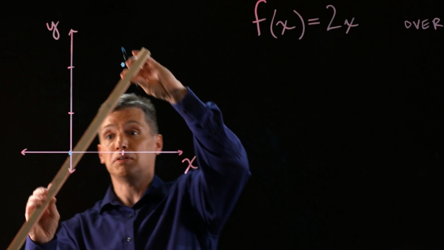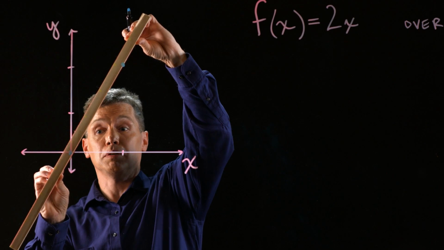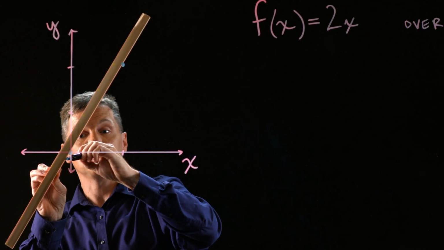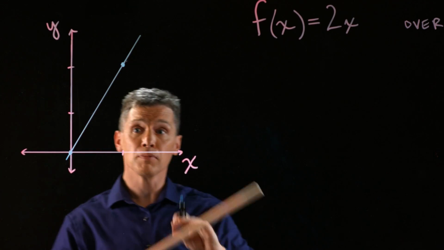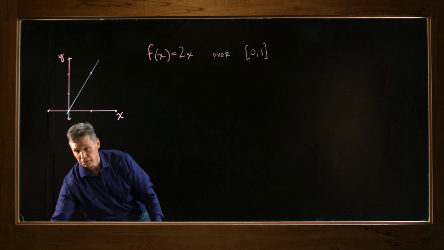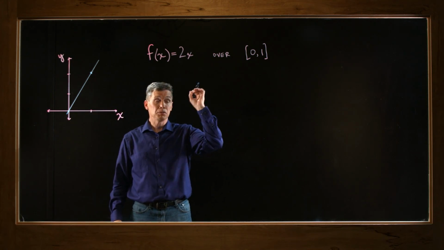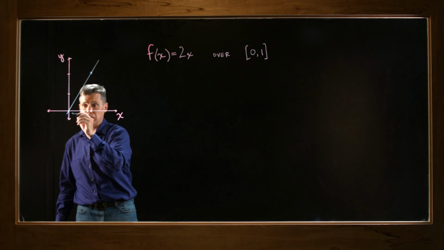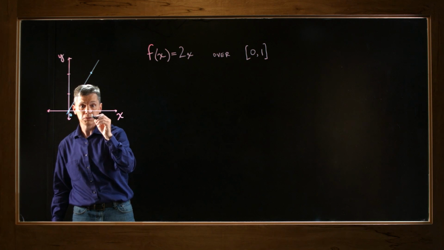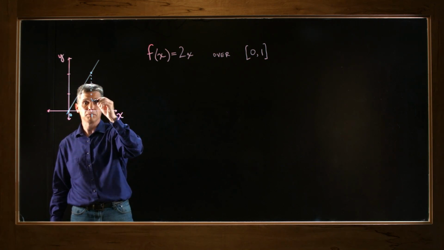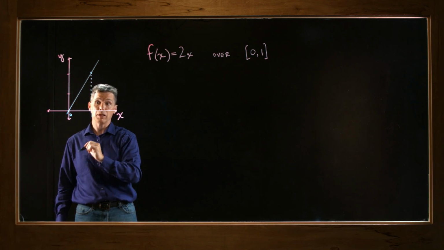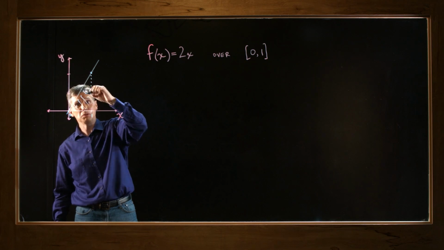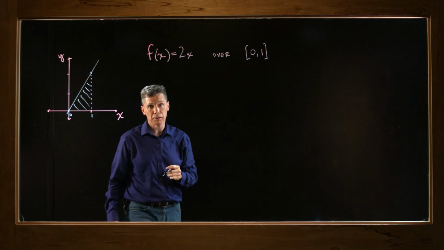We would just have this graph. Okay, so there's our function, and the interval that they give us is 0 to 1, so we're really only interested in that part of the graph from 0 to 1.